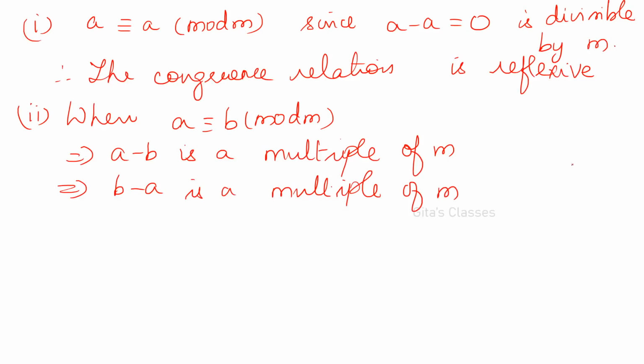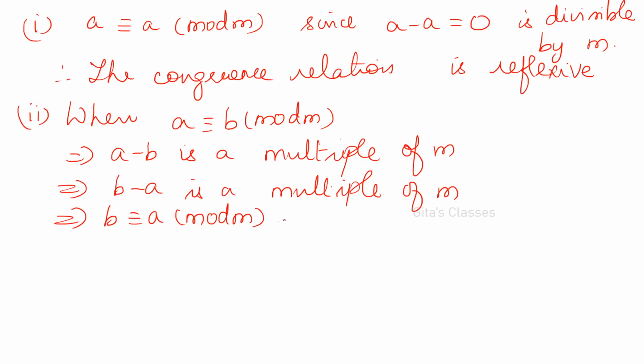If 6 is a multiple of 2, minus 6 is also a multiple of 2, right? Therefore, B minus A is also a multiple of m. That means B is congruent to A mod m.